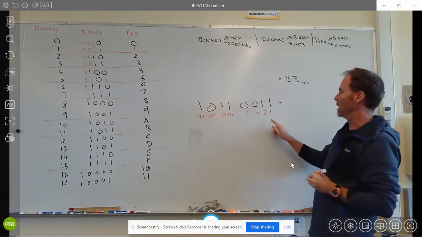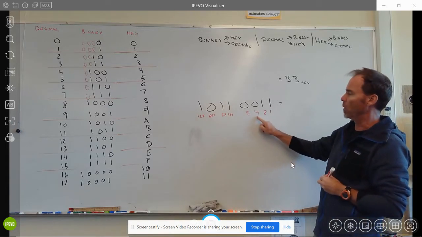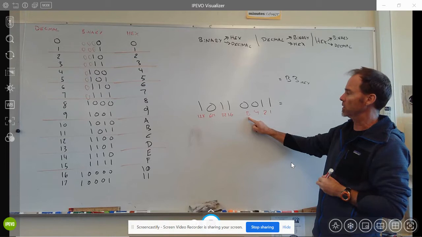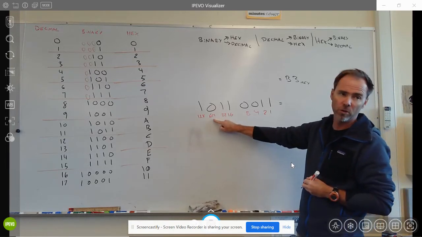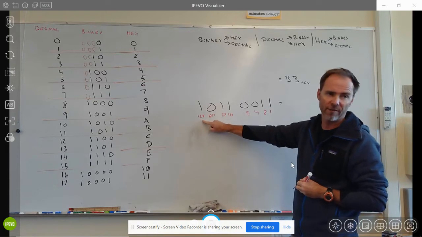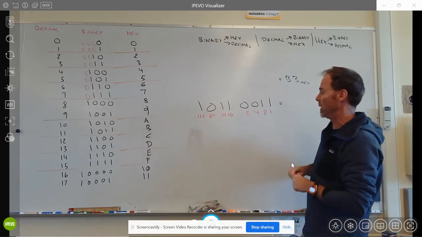So I just keep going. 2 to the 0, 2 to the 1, 2 to the second, 2 to the third, 2 to the fourth, 2 to the fifth, 2 to the sixth, and 2 to the 7th power. That's where the number comes from.